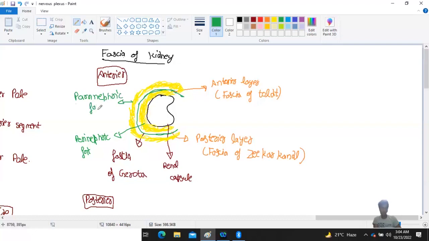Lots of fat present here, and one important thing is a connective sheath also present here.